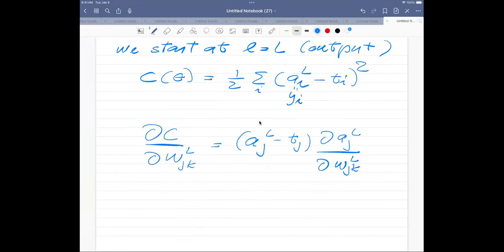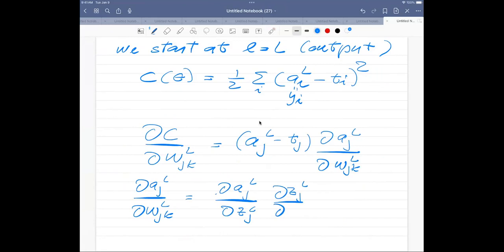So if we now look at this dAj of L, of dWjk of L, this is nothing but, when we use the chain rule, dJl, of dZ, of JL. So I promise you, this is going to be an exciting exercise in the usage of the chain rule. You're going to love it.